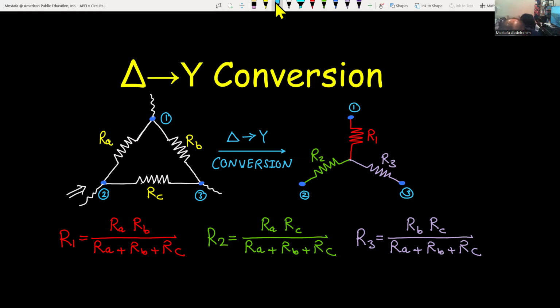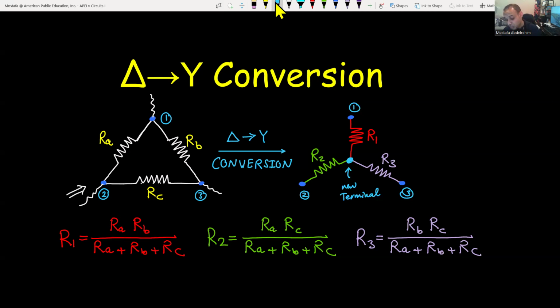And you're gonna have a new terminal that you created by this conversion that wasn't there before. That's a new terminal. Okay. So you're gonna take these corners of the triangle or the delta and keep them the same. And between the same terminals, you're gonna have a new connection R1, R2, R3.